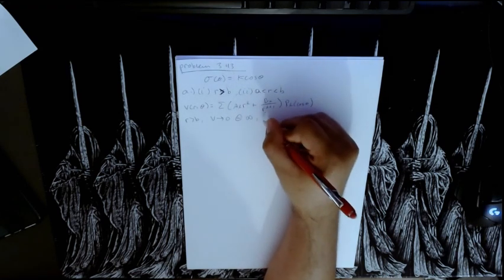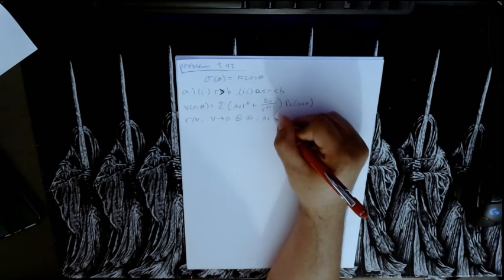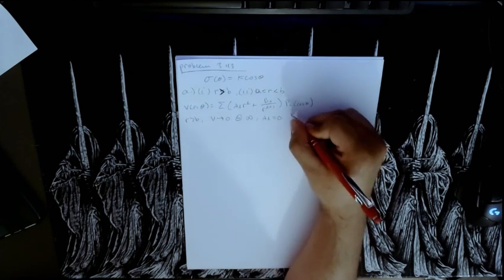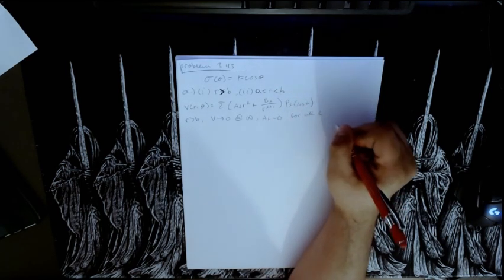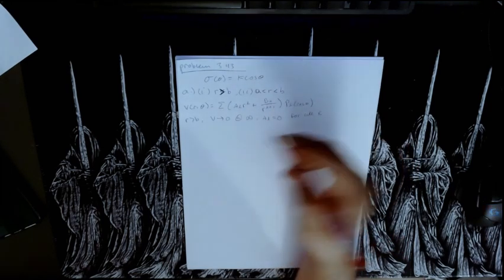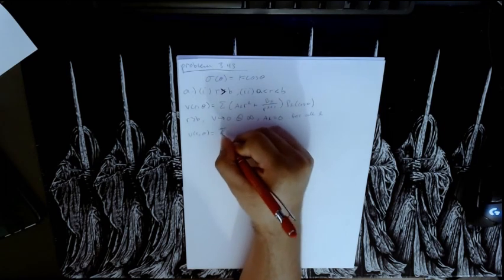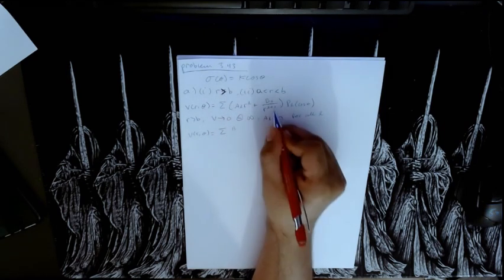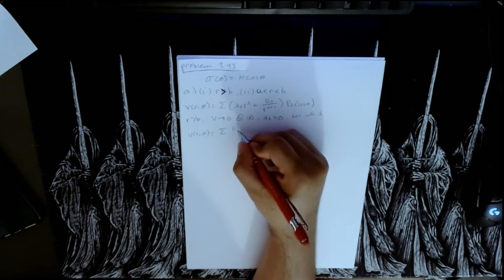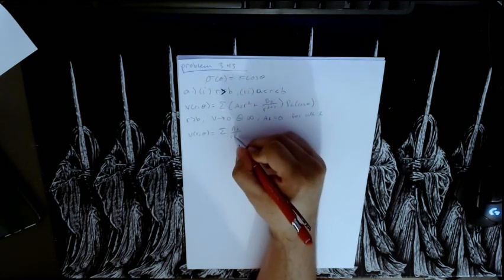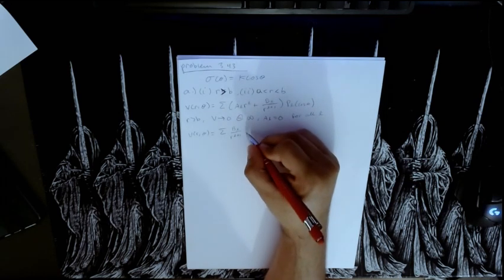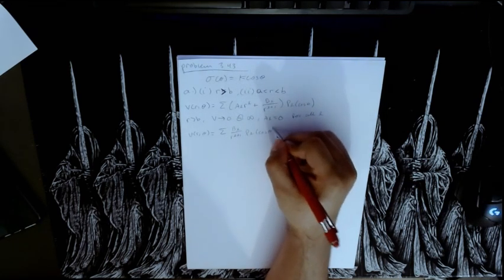In that case, that means that A sub L is going to equal 0 for all L, right? So that gets rid of the first term. So our potential ends up being the summation of just this second term, B sub L over R to the L plus 1, times the Legendre polynomial.